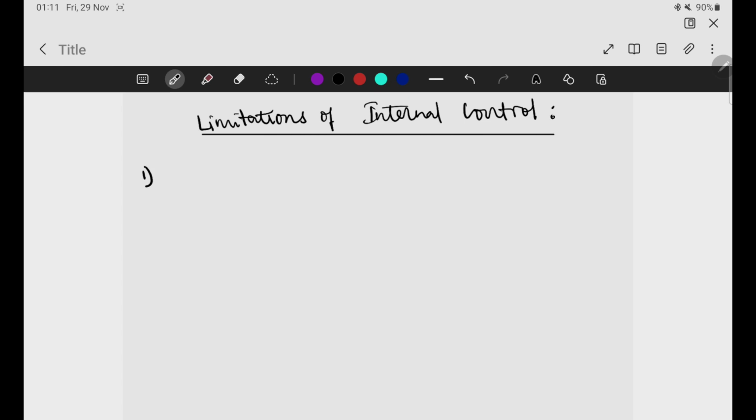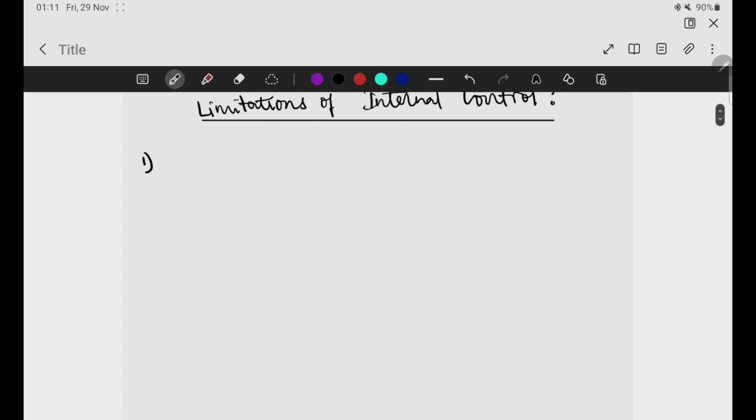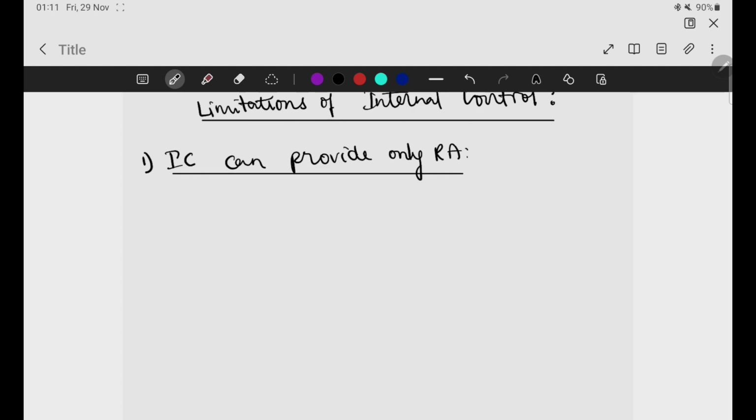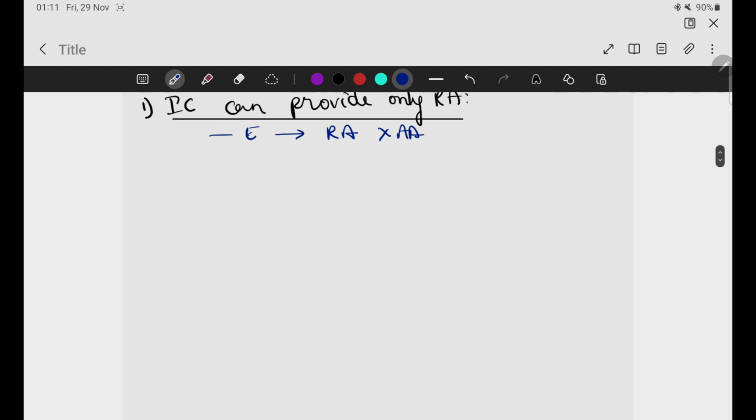The first point was that due to internal control, you can provide only reasonable assurance, right? The sub point was that no matter how effective it is, it can only provide reasonable assurance but not absolute assurance. That was the inner point that you can write. And the second point was that human judgments are involved.